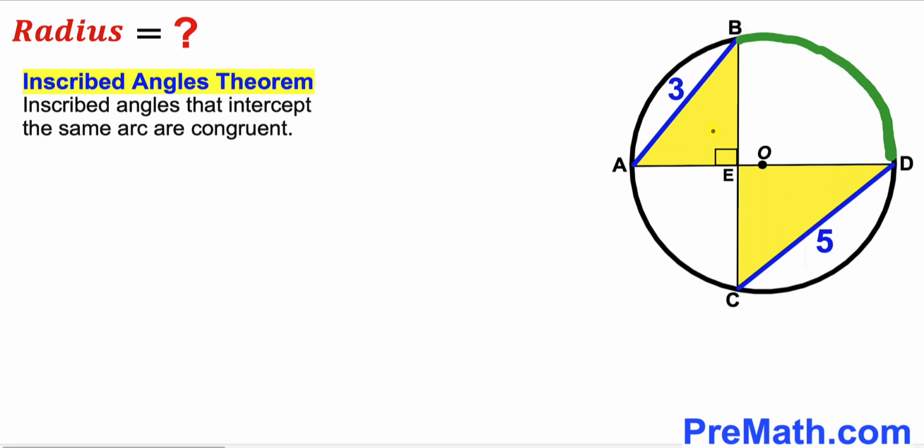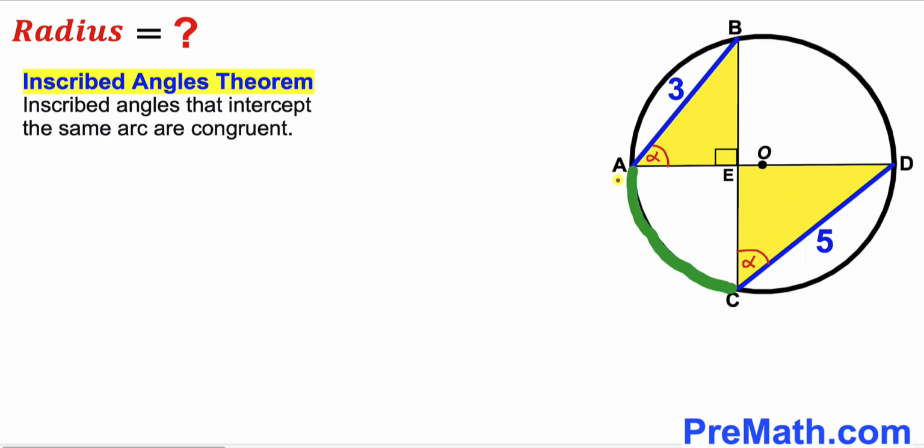We can see that this arc BD is being subtended by this angle and this angle as well. So these two angles are congruent. If I call this angle alpha, then this angle has got to be angle alpha as well.